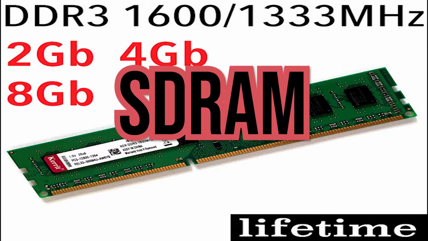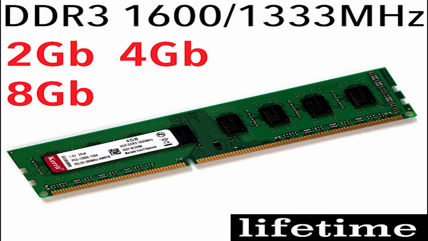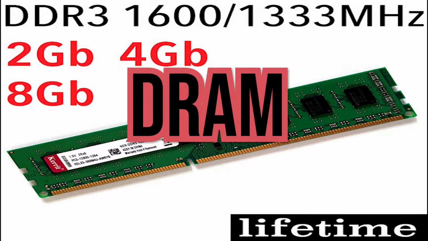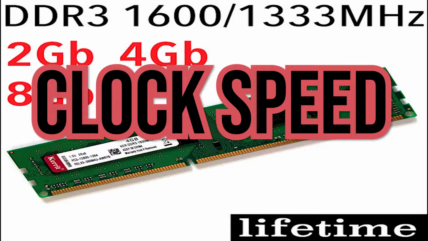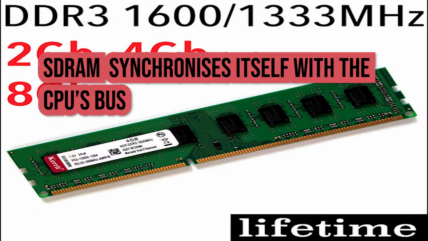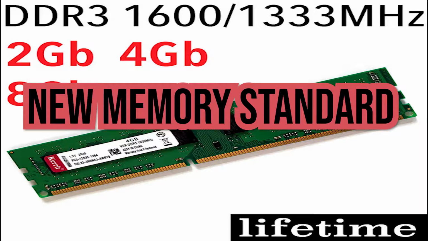There is no such thing as SDRAM3. SDRAM is a type of DRAM, which is dynamic random access memory, that can run at much higher clock speeds than conventional memory. SDRAM actually synchronizes itself with the CPU's bus. SDRAM is the new memory standard for modern PCs.